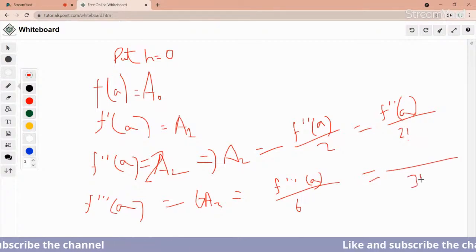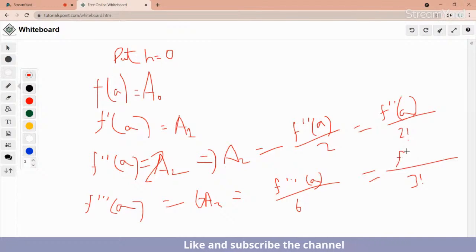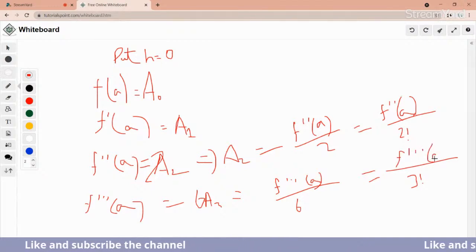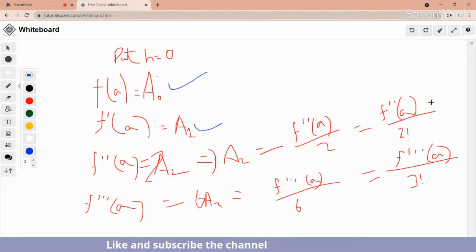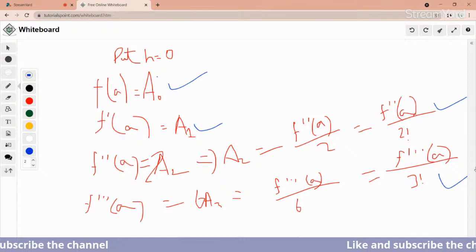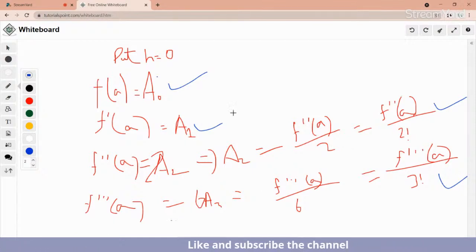What is 3 factorial? 3 into 2 into 1, and that will result to 6. So highlighting these values, we got this.